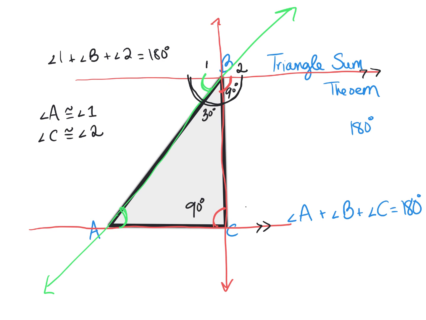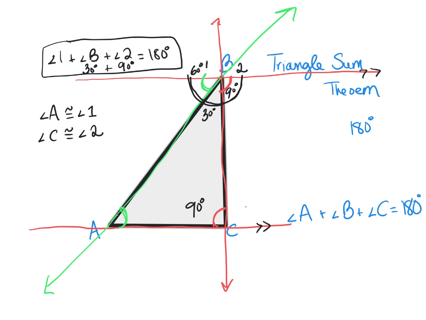So if we look at this equation here, look at the straight line, if angle B is 30 and angle 2 is 90, that means angle 1 has to be 60 degrees because there is 180 degrees in a straight line.